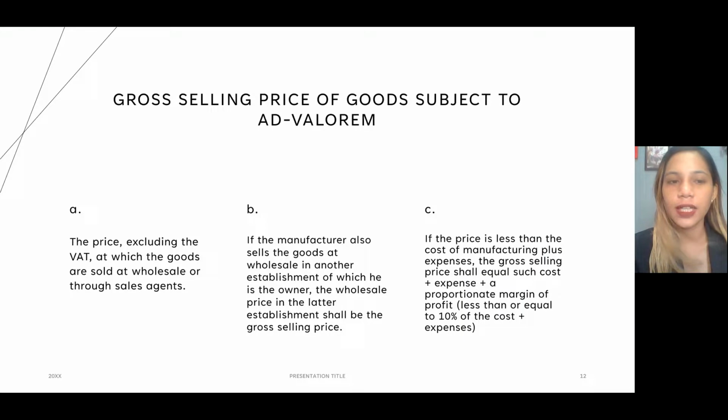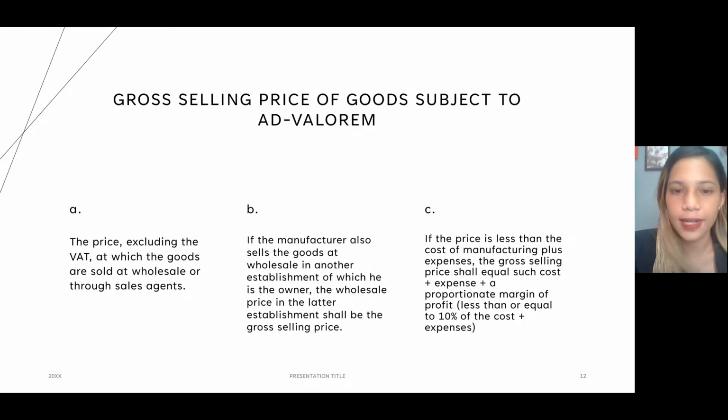Now, I want you to take note that under excise tax, there is the gross selling price of goods subject to ad valorem tax. Under letter A, the price excluding the VAT at which the goods are sold, take note, are sold at wholesale or through sales agents. Under ad valorem, if the manufacturer also sells the goods at wholesale in another establishment of which he is the owner, the wholesale price in the latter establishment shall be the gross selling price.